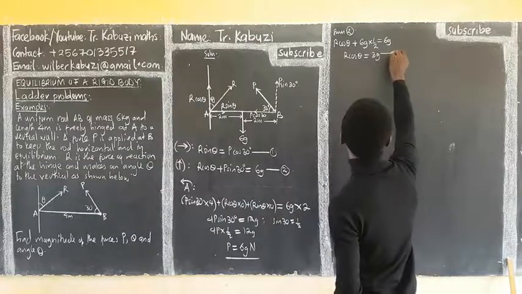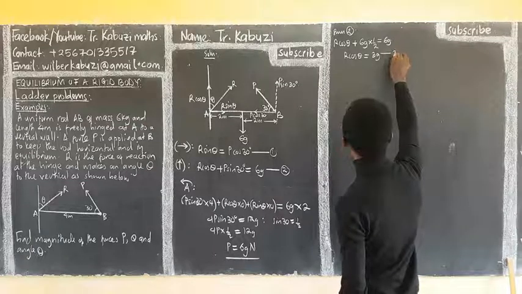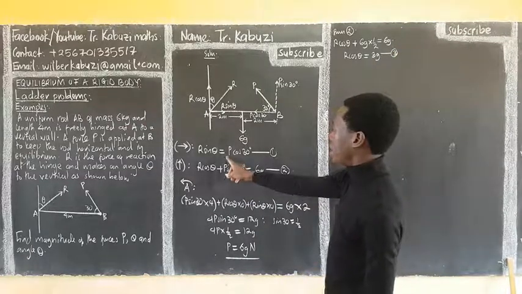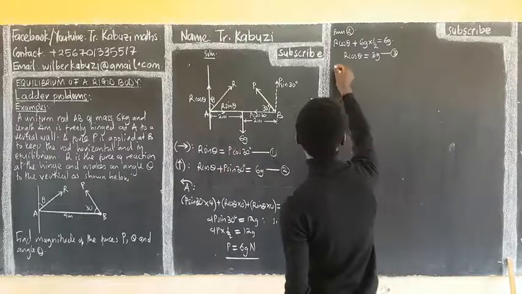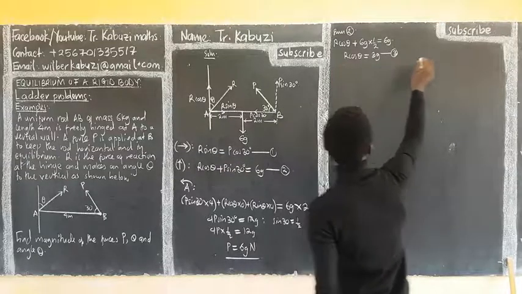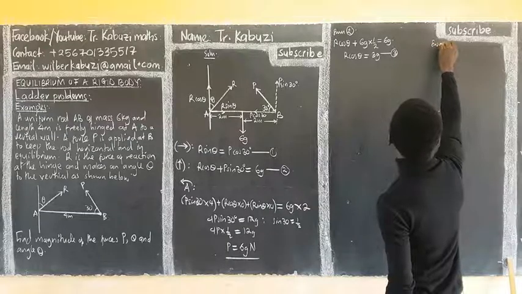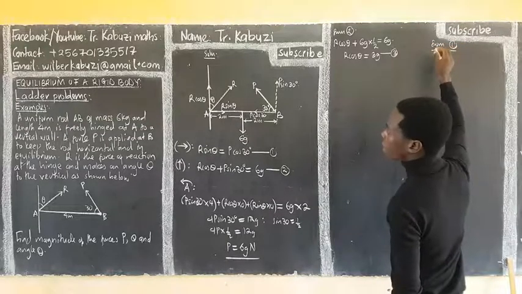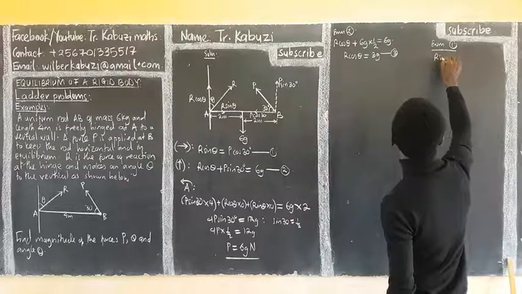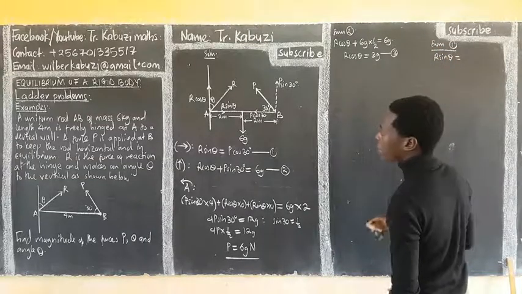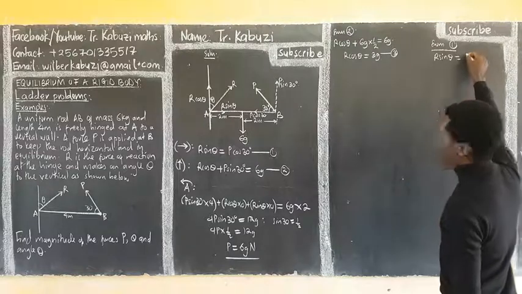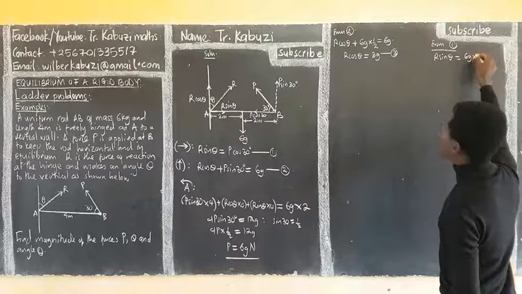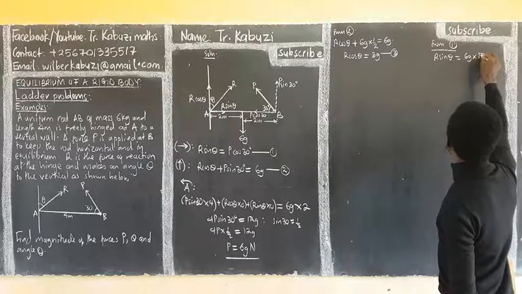I call this equation 3. I also come and because we have P here, I substitute there. So from equation 1, we have our R sin theta equaling to P, which is 6B, cos 30 degrees, which is root 3 over 2.